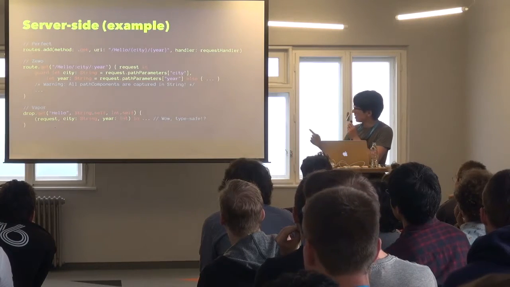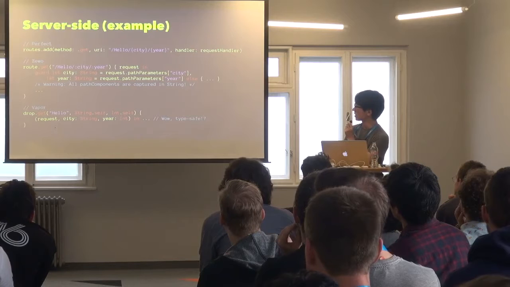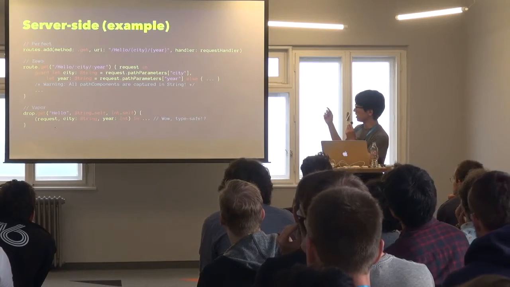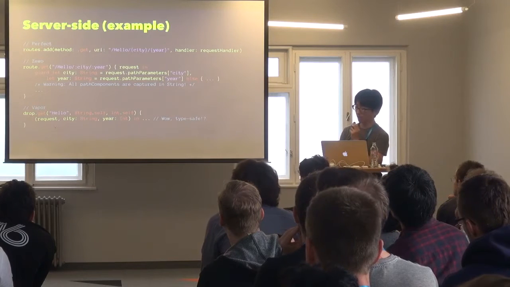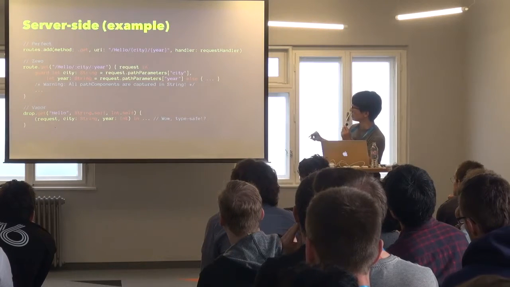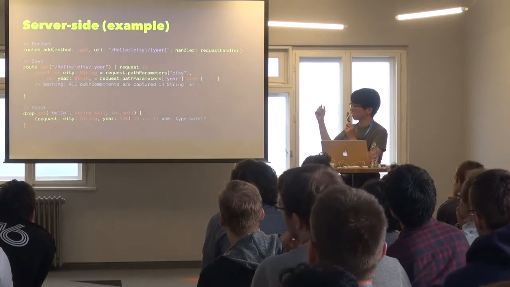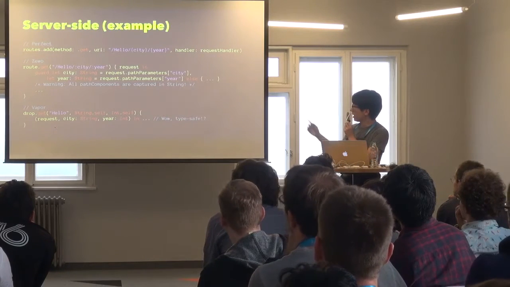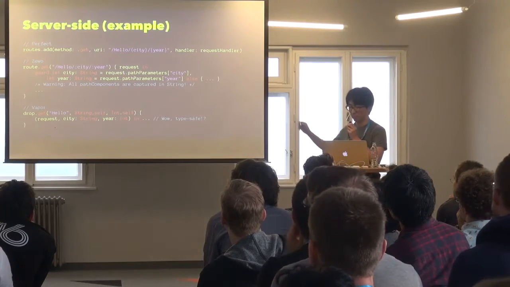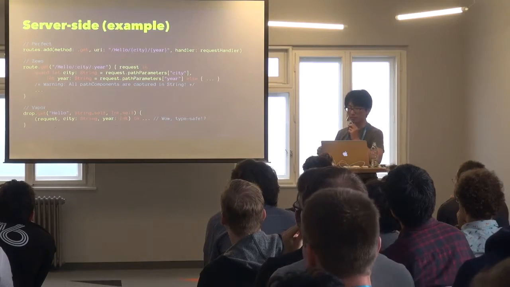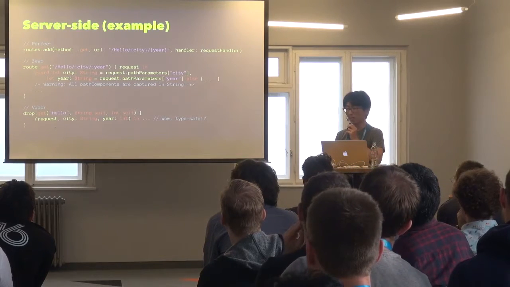For example, in Zewo, we write something like this, and we call the function get, passing the path pattern and the request handler. The path contains a colon, which indicates that we are going to extract this parameter. And inside the request handler, we call request.pathParameters and pass the string key, and this will extract the captured value. But wait a minute.